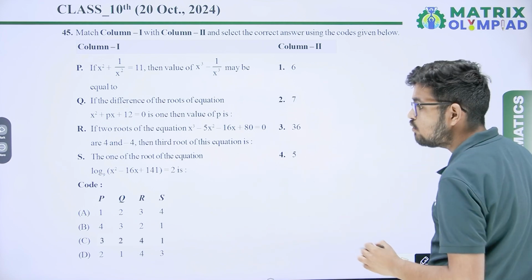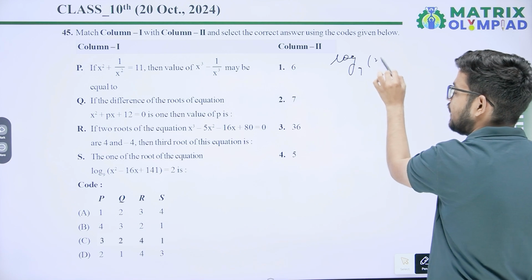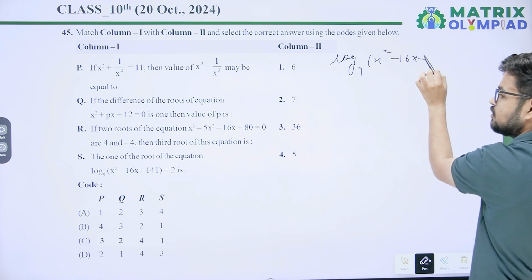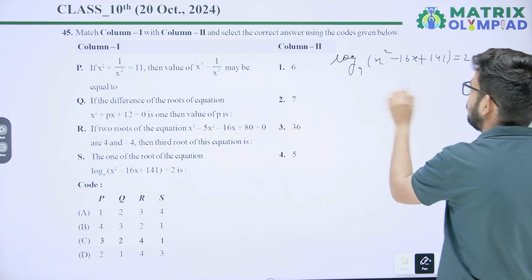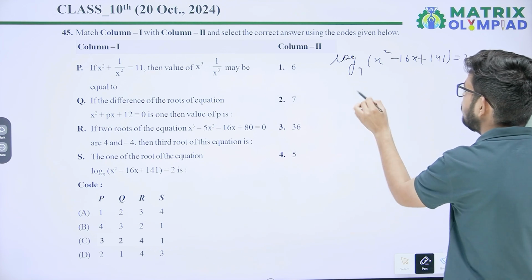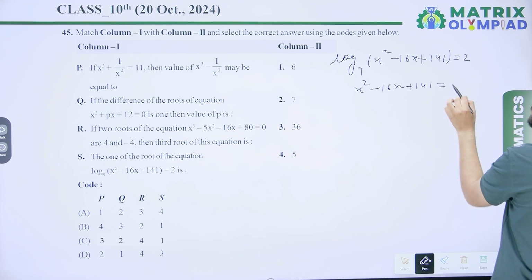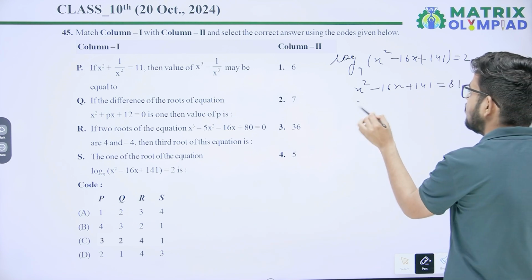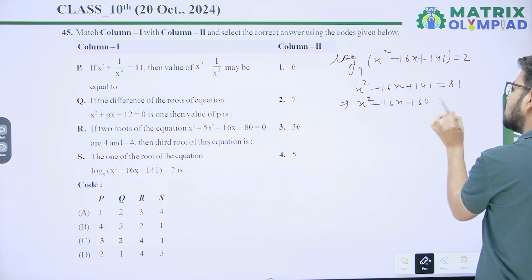As one of the roots of the equation log base 9 of (x square minus 16x plus 141) equal to 2, when we remove log, it will be x square minus 16x plus 141 equal to 9 raised to power 2, it is 81, so it will be x square minus 16x plus 60 equal to 0.